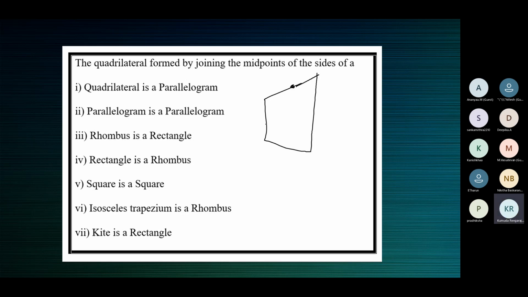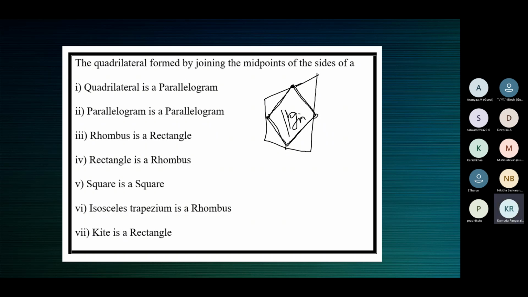When you join the midpoints, you get another quadrilateral. This quadrilateral will always be a parallelogram. This is the quadrilateral formed by joining the midpoints of the sides of another quadrilateral.